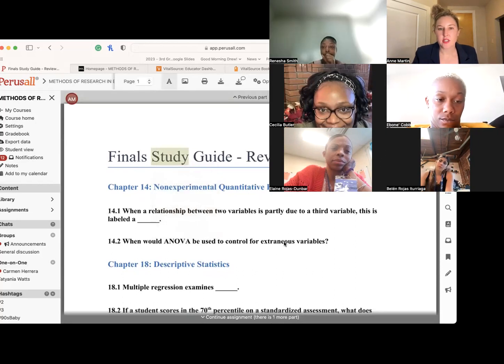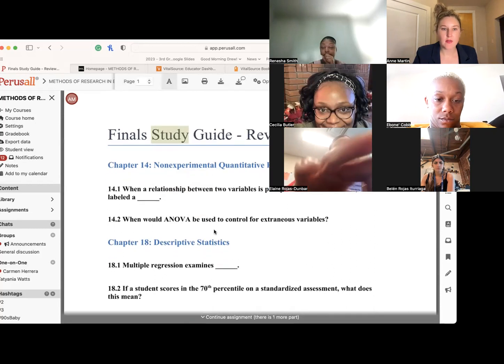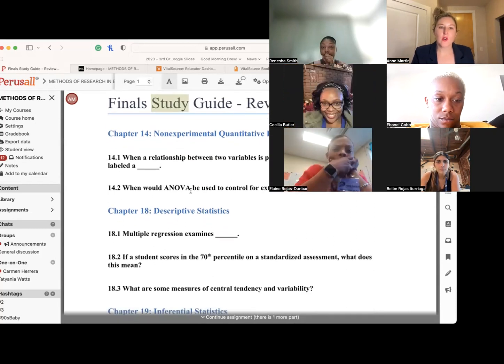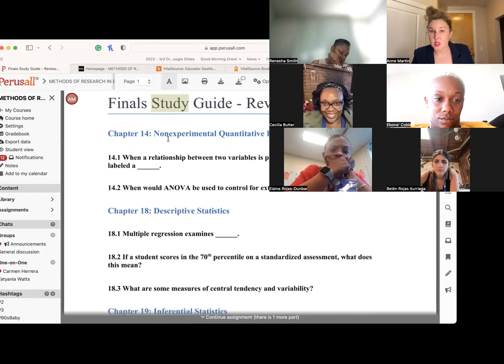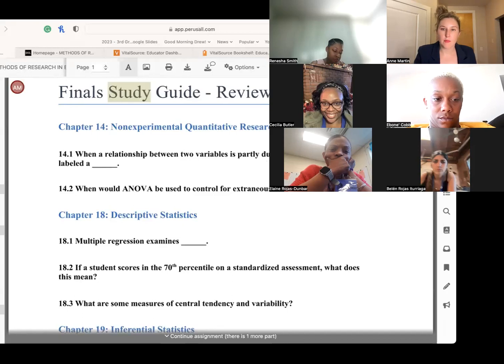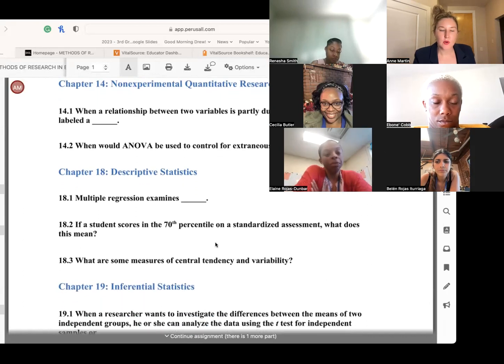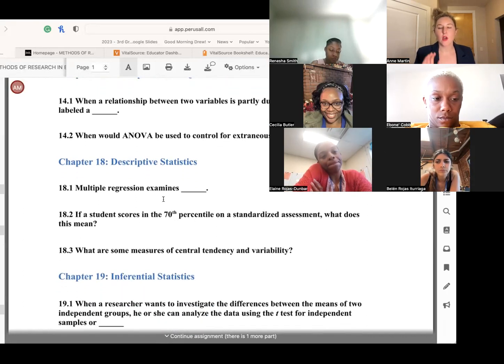Third party, this is a spurious relationship. We talked about that. So ANOVA would be used to control for extraneous variables in non-experimental research when you have to use statistical measures to control, multiple regressions. So for this one, we know we have quantitative independent variable and quantitative dependent variable.